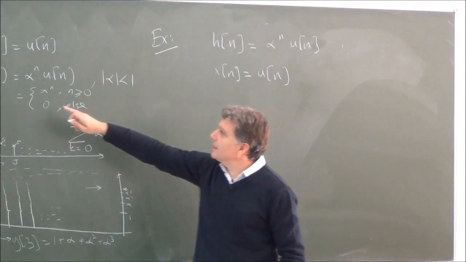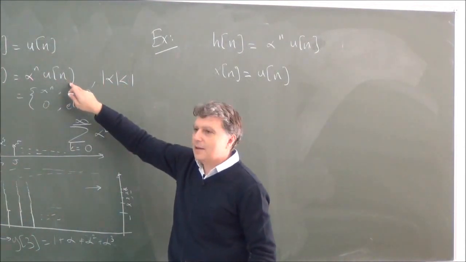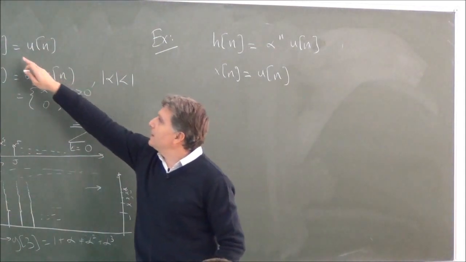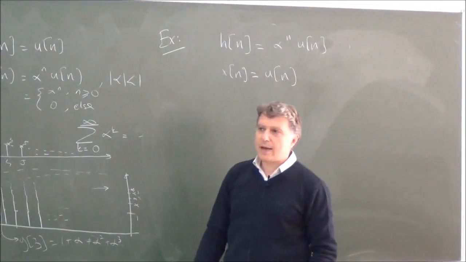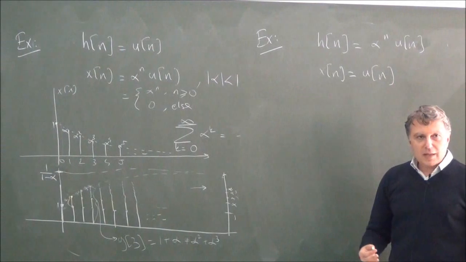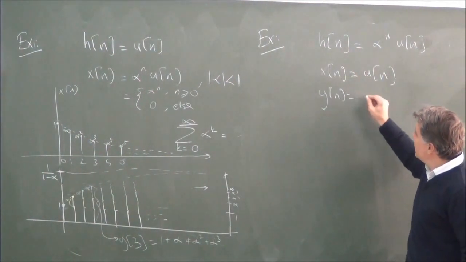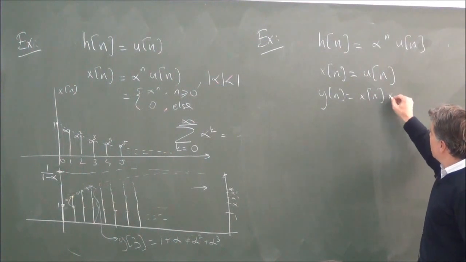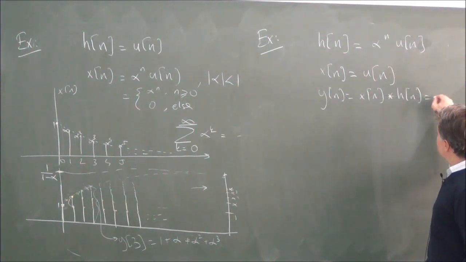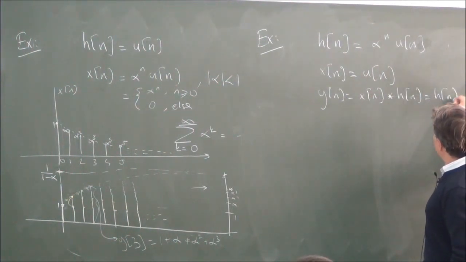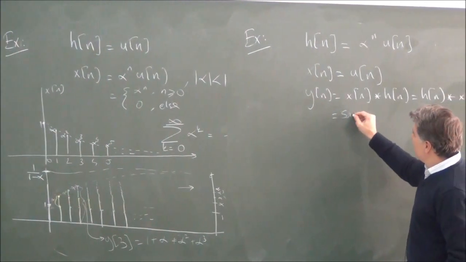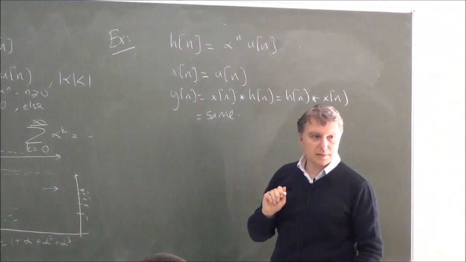This time the impulse response is the second signal, and the input is u of n. Then what happens when they interchange? y of n is equal to x of n convolution h of n, which is the same as h of n convolution x of n. So it's the same answer.